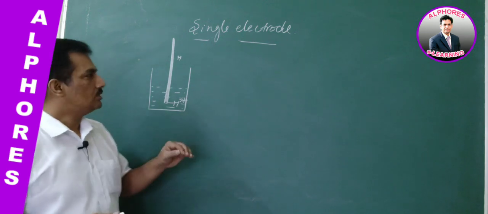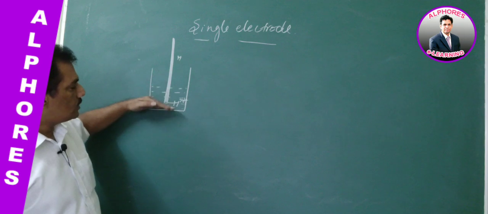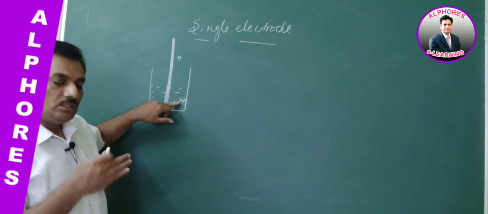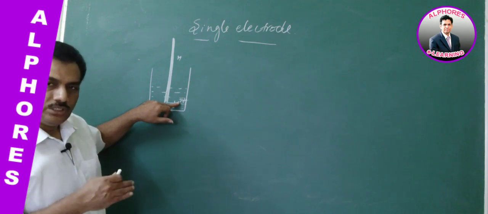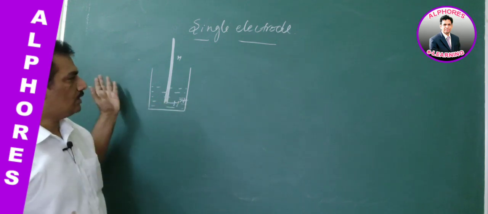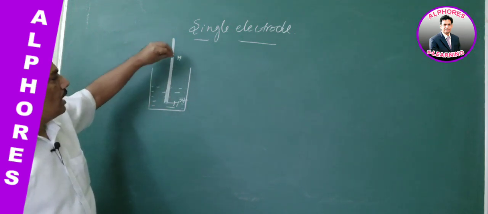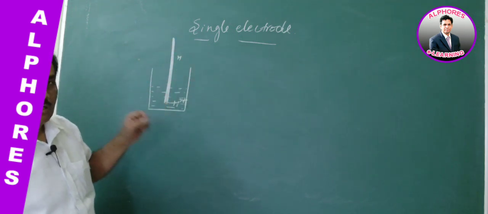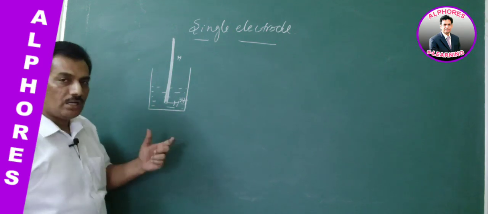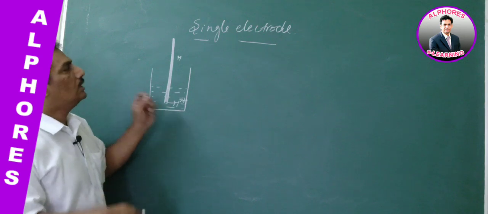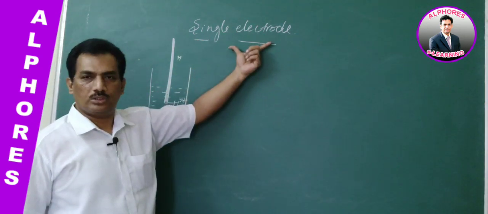That's why in case of metal, in its salt solution, the metal is in cationic form. In case of non-metal, in its salt solution, it is present in the anionic part. So whatever it may be, a metal rod dipped in its salt solution, or a gaseous non-metal made in contact with its anionic salt solution, can act as a single electrode.